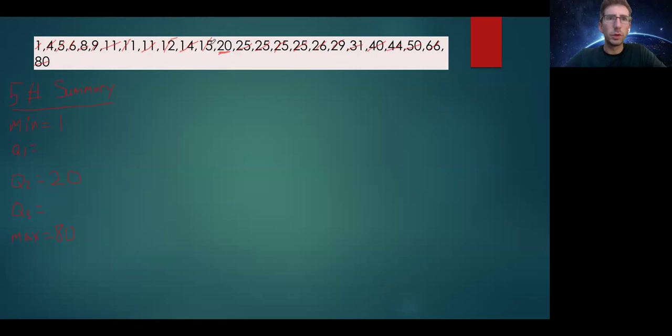Okay, so now let's treat this piece as its own kind of data set just for a minute, and this piece as its own data set. Notice we're ignoring the 20, which is the median itself, right? It is not included in either data set.